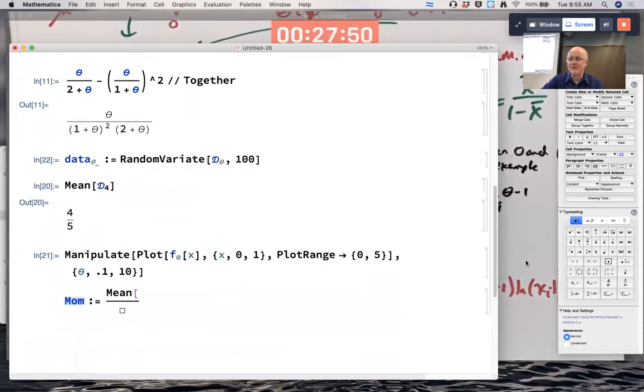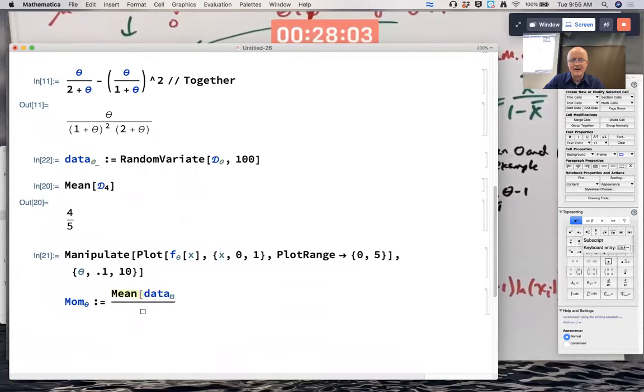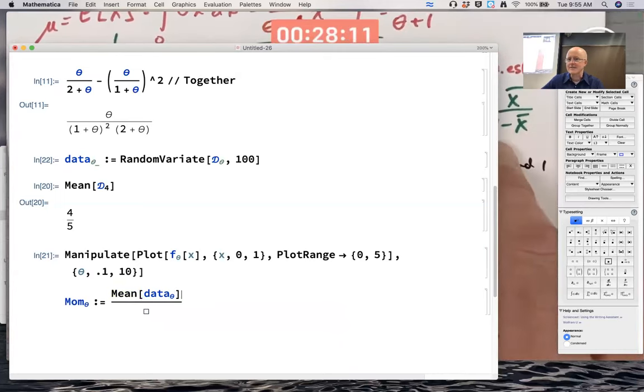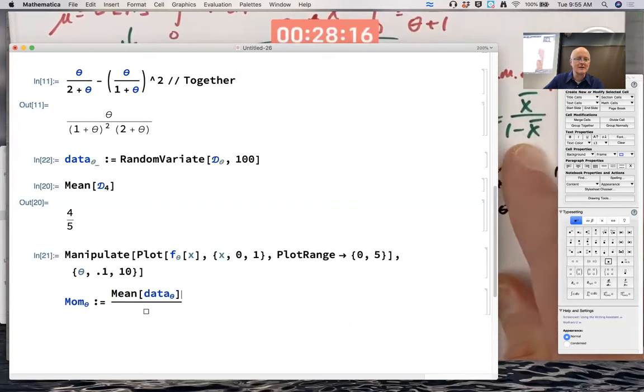So this will be M.O.M sub theta. Mean of data sub theta over 1 minus the mean. Right? That was our method of moments estimator right there. Can you see it? X bar over 1 minus X bar.